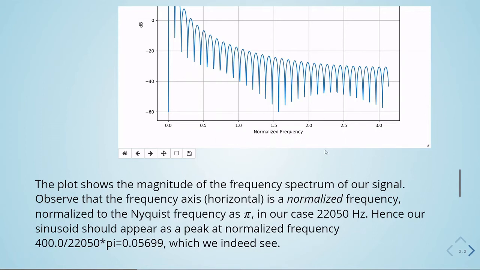In this case, the Nyquist frequency is equal to pi, so it goes until 3.14, and it means 22,050 hertz, which is half of the sampling frequency. So our sinusoid should appear as a peak at the normalized frequency of 400 hertz divided by 22,050 times pi.